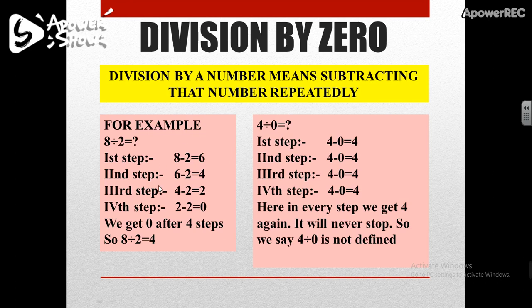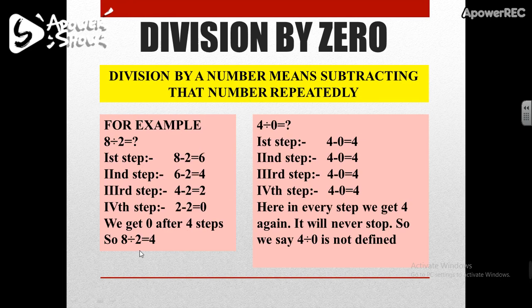Why? Due to this. Here I am dividing 8 by 2, and instead of following the process of division, I am using the method of subtracting the number repeatedly. So in the first case, after subtracting 2 each time, I am getting 0 after 4 steps.